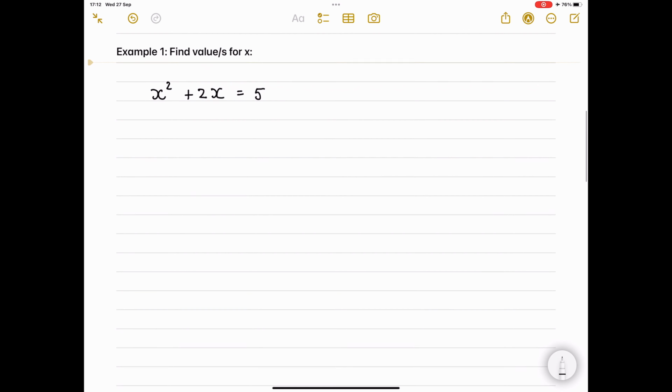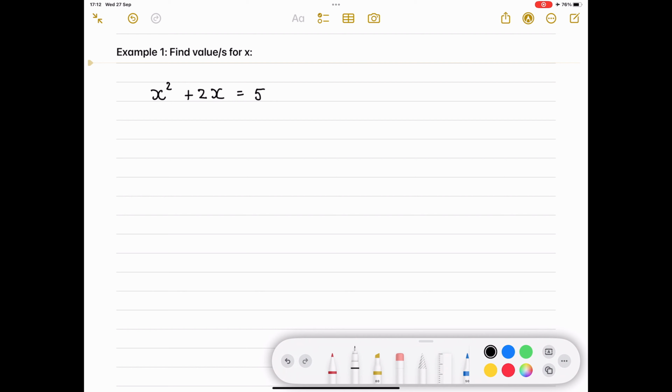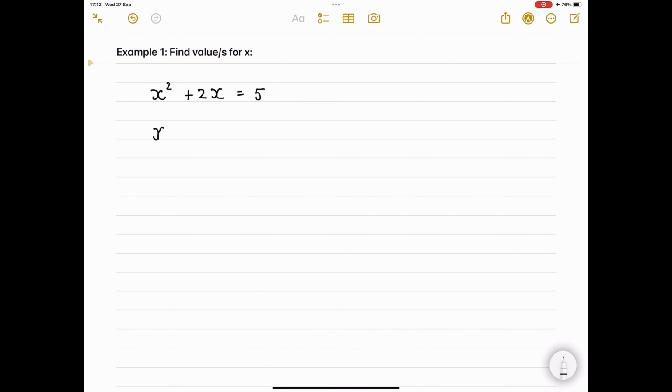So we can move on to the first example. The first step is always to put it in the standard quadratic form. And how you would do that is as follows. You put a negative 5 on both sides to cancel out the 5 on the right hand side, which will give you this.